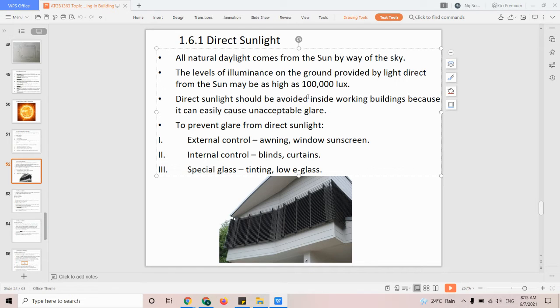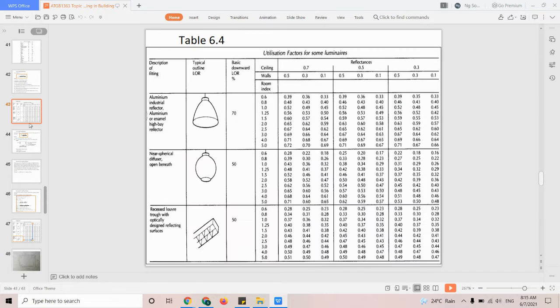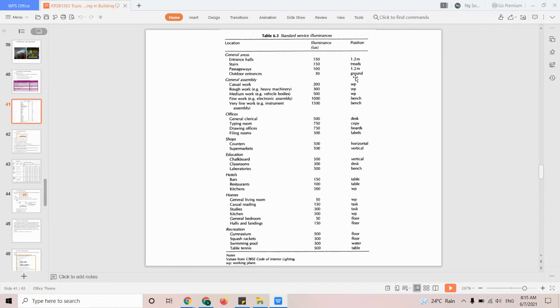So this is due to the sun having a very high level of illuminance. So if you look back at the table, when it comes to the standard service of illuminance, actually we don't really need such a high level.